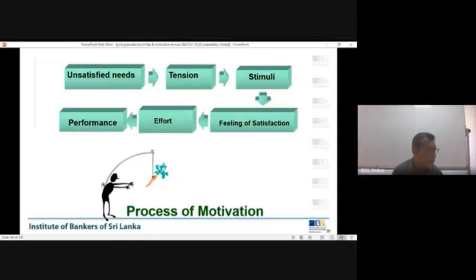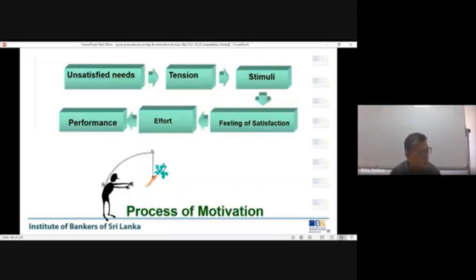Now, if you put these things into organizational aspects, this process we try to incorporate from a business point of view, for organizational goal achievement, right?